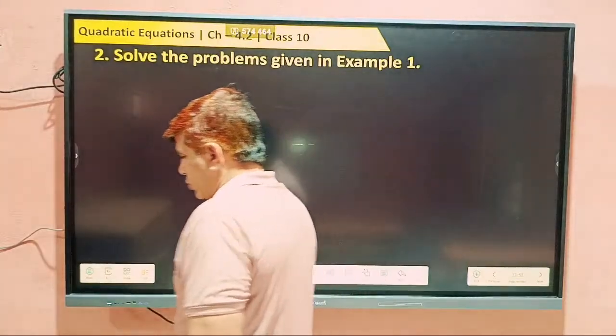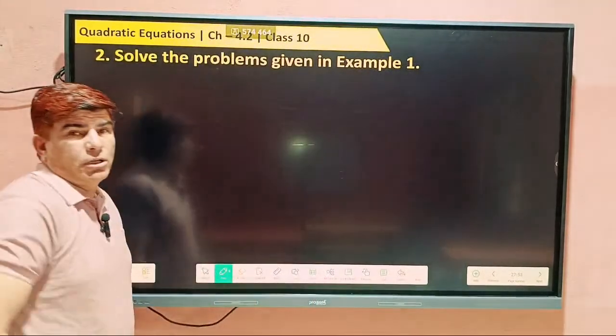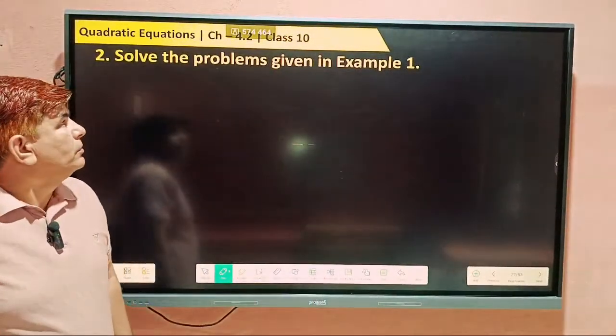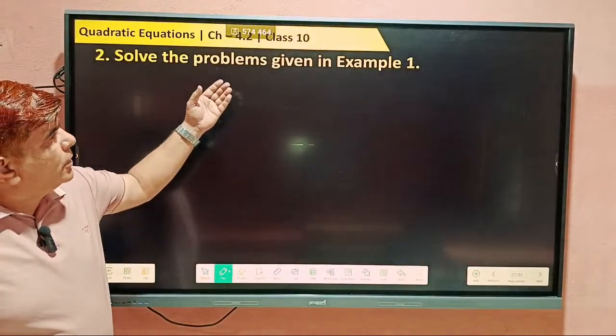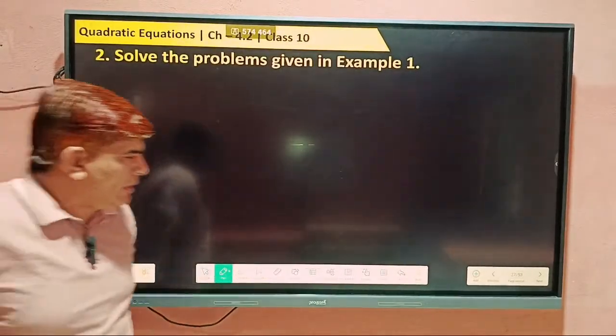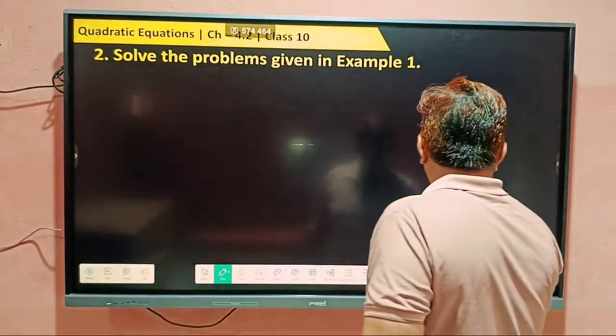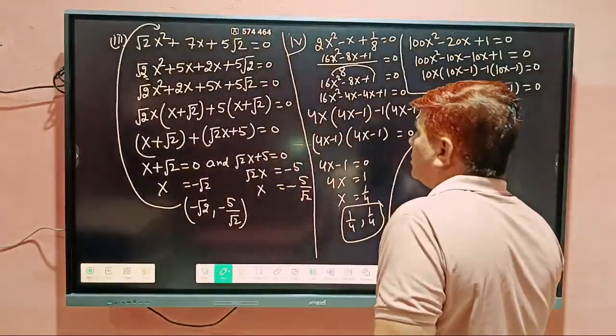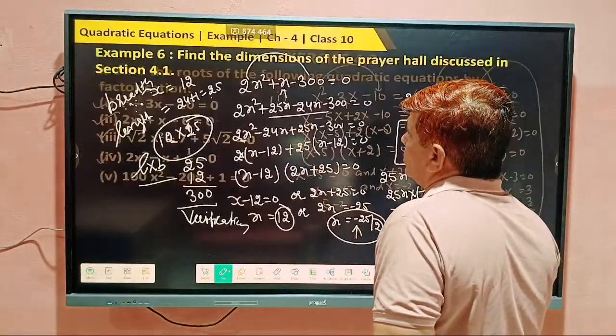Now question number 2, which is given in your book, exercise 4.2. Solve the problem given in example number 1. What's your example number 1? Example number 1 problem is already solved, I told you.